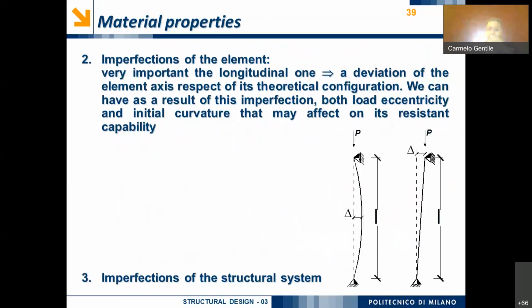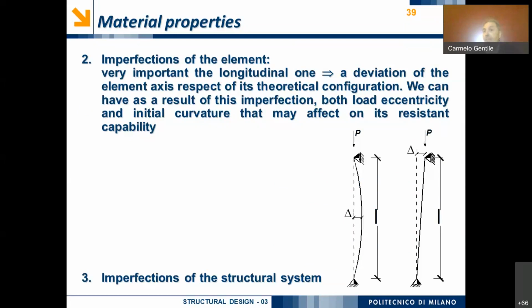Okay, another kind of imperfection is a longitudinal imperfection, and we will see that the longitudinal imperfection is very important because basically it affects the possibility of local buckling.